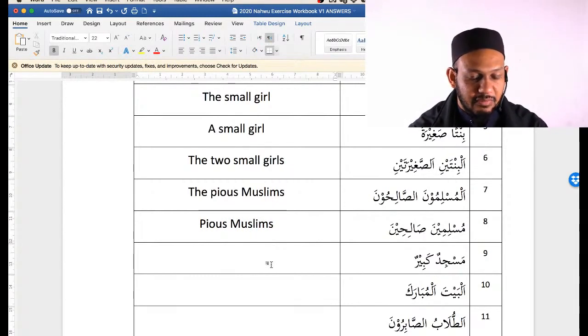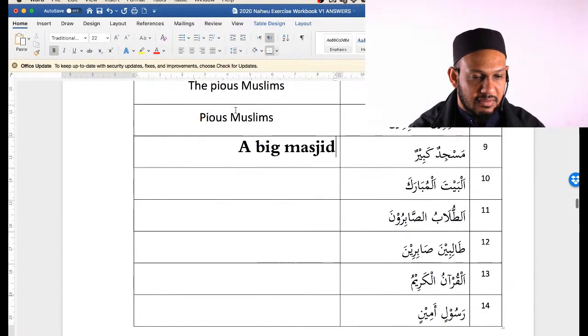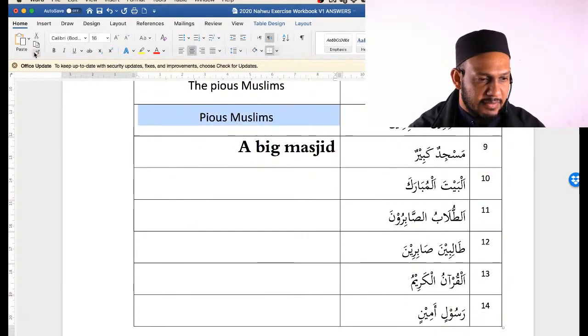Masjidun Kabirun. Masjidun is a mosque, a masjid, and it's indefinite. So a big masjid. Okay, let me just sort this out.